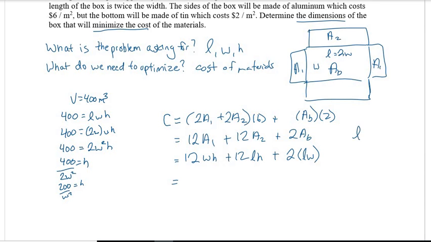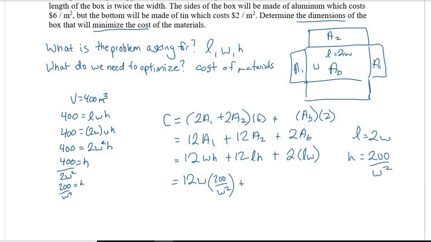But there's a couple things we discovered here. We said that the length is equal to 2w, and we said that h is equal to 200 over w squared. So let's plug those in and see if we can use that to help us simplify. So 12w, h we're going to do 200 over w squared.